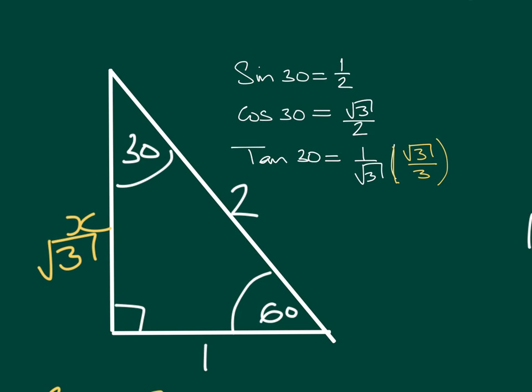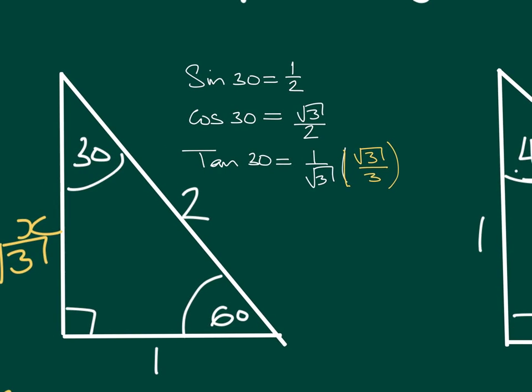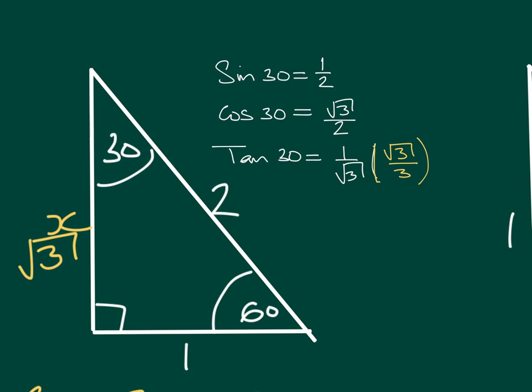Okay, we can do the same for 60 degrees as well. So if we just look at the 60 degree angle, and I'll do this in a different color, the 60 degree angle, which is over here, we can find sine of 60. Sine of 60 degrees will be, looking at the 60, this is now the opposite over hypotenuse.